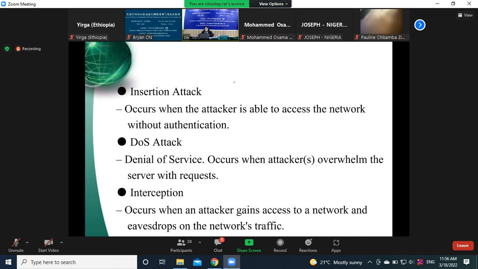And in computing, a denial of service attack is an attempt to make a machine or network resource unavailable to its intended users. This could be CPU resources, but often involves efforts to temporarily or indefinitely interrupt or suspend the service of a host connected to the internet.